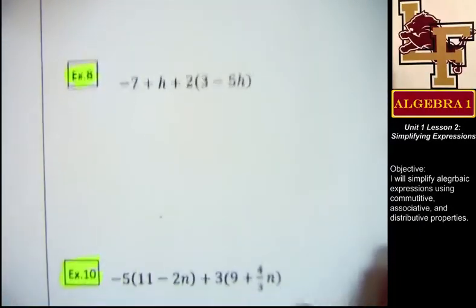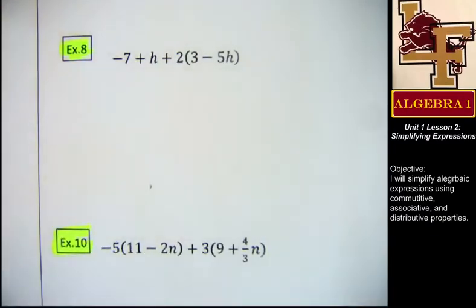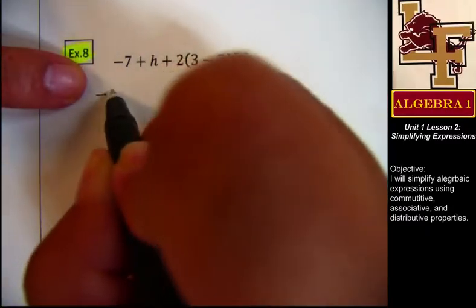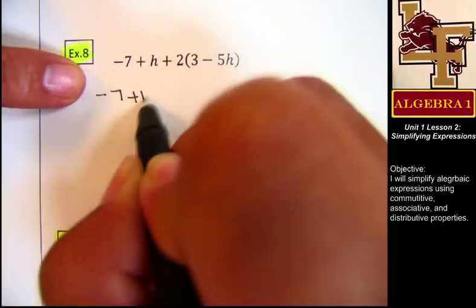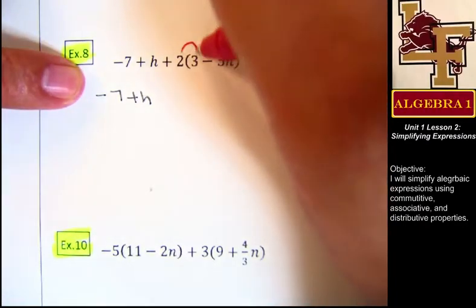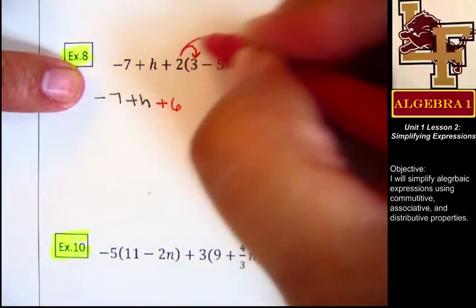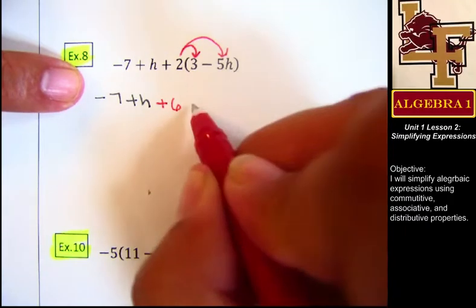The trick to these when they're all mixed together is to distribute first. So I'm going to keep everything the same, but I'm going to handle this distribution first. 2 times 3 is? 6. 2 times negative 5 is? 10.